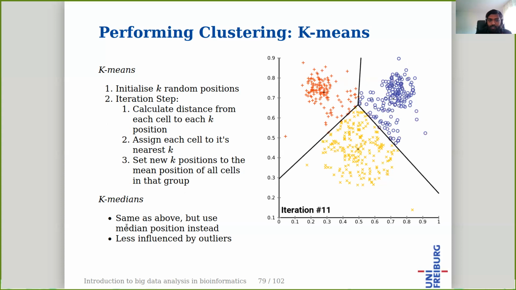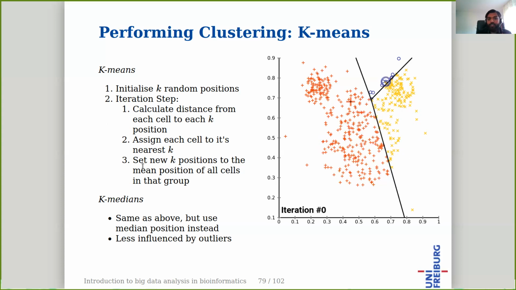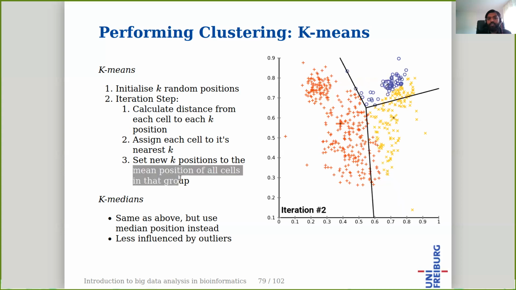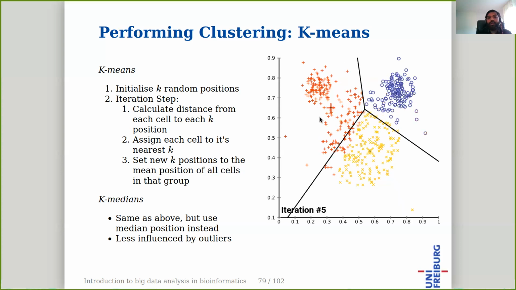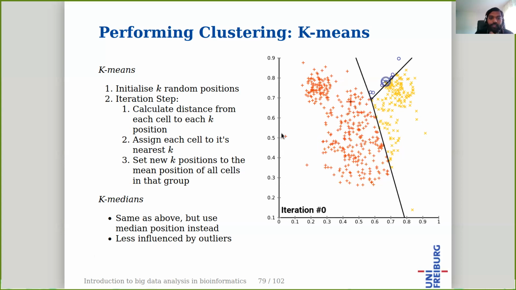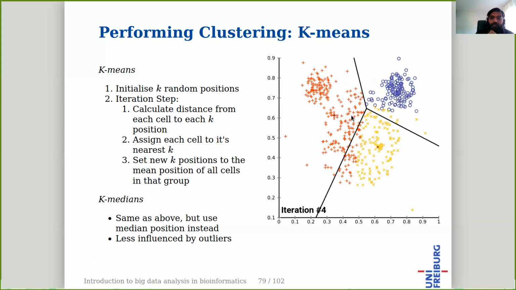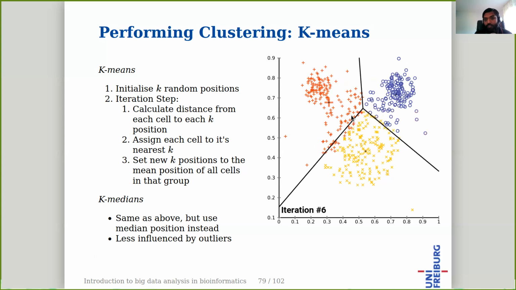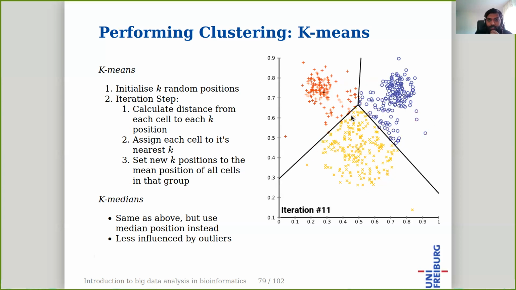An alternative method is k-medians clustering, where instead of using the mean position of the cells at each iteration, we use the median position. The median is less influenced by outliers, because you are looking at where your data is mostly concentrated, where your cells are mostly positioned.